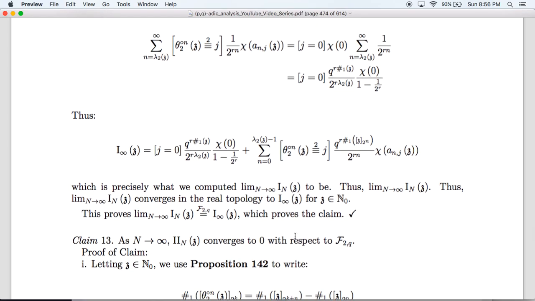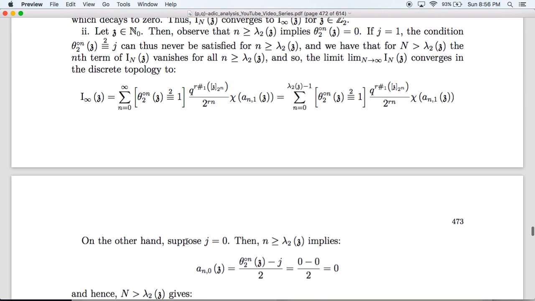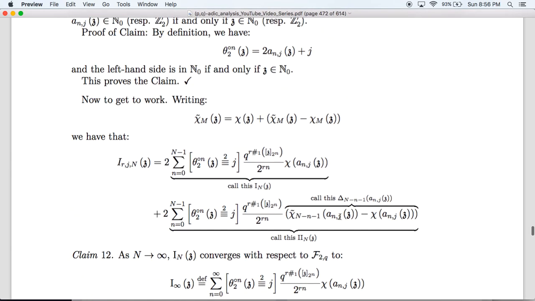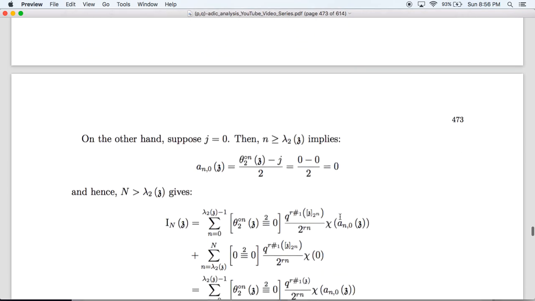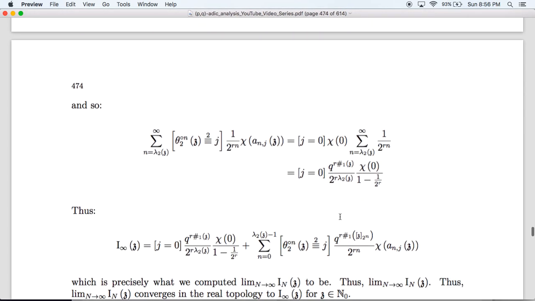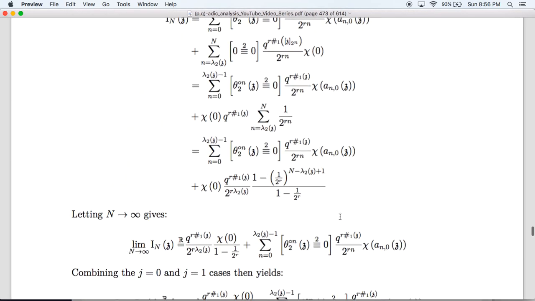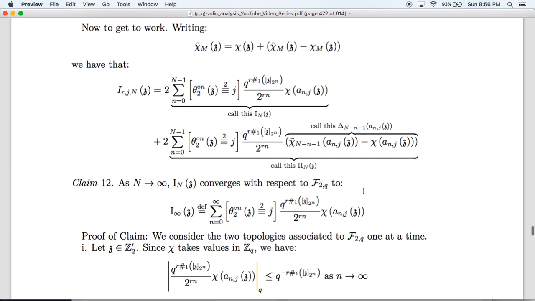So all that's left is to show that 2n, this thing, tends to 0. The main observation to get is that we can use our asymptotic estimate on chi to deal with this term.